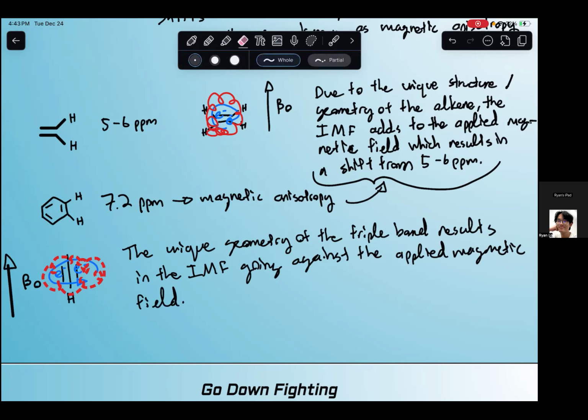This results in a shift of roughly 2 to 3 ppm.